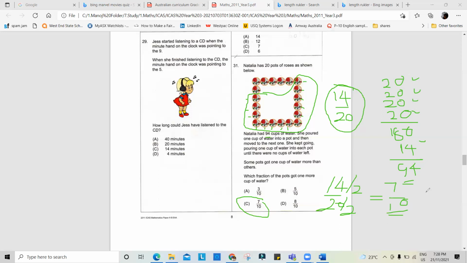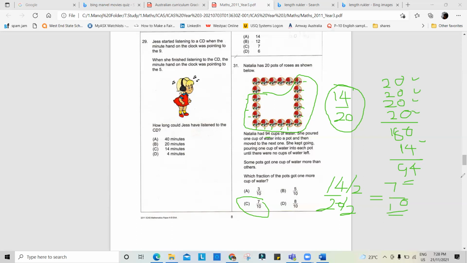Can you write this one? You know how many pots got more cups? How many pots? There are 20 pots. 14, yes.